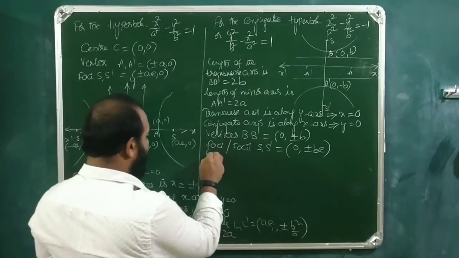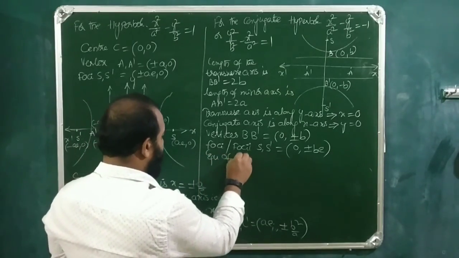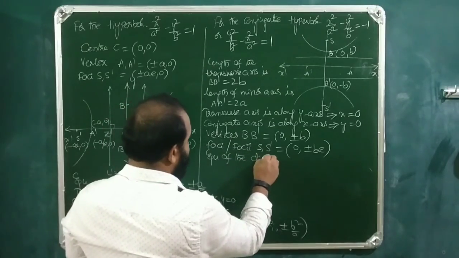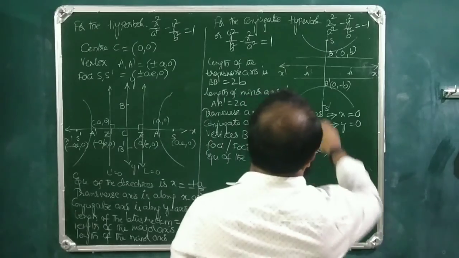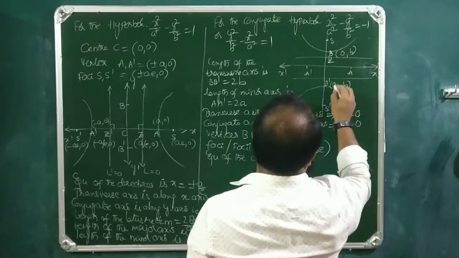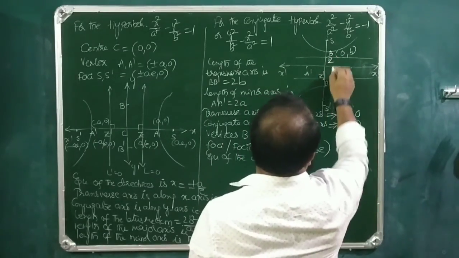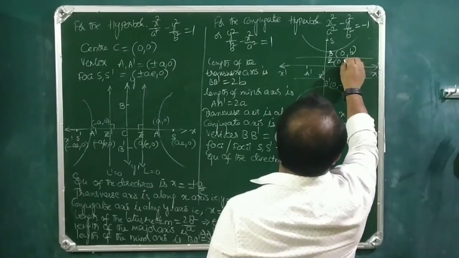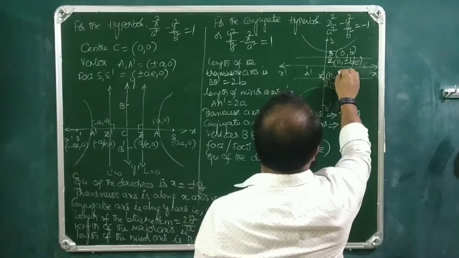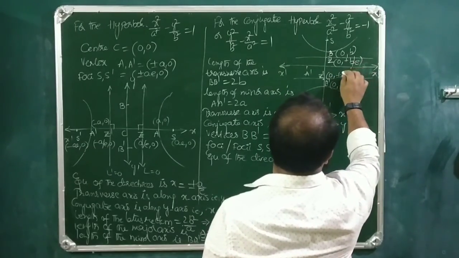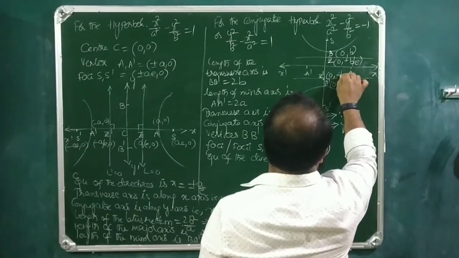Now the equation of the directrices. This is Z and this is Z dash, the foot of the directrices. This is 0 comma plus b by e, and this is 0 comma minus b by e.